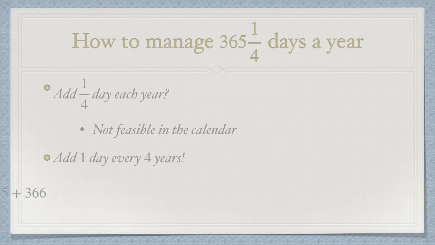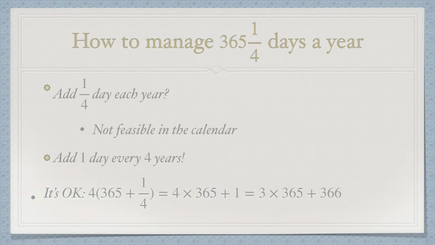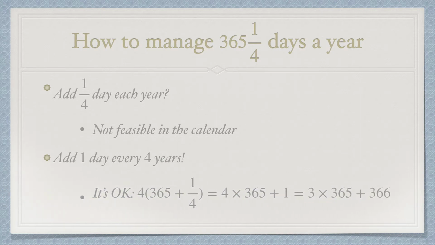And it's okay because if we multiply by 4, 365 plus 1 quarter, you obtain 4 times 365 plus 1. That is 3 times 365, 3 normal years, plus 366, 1 year with 1 more day.